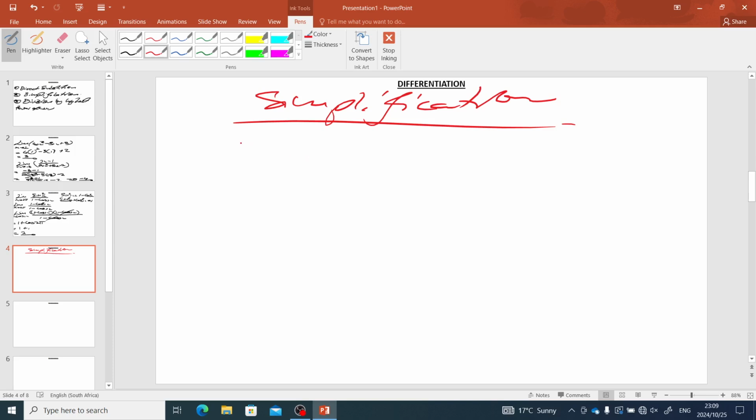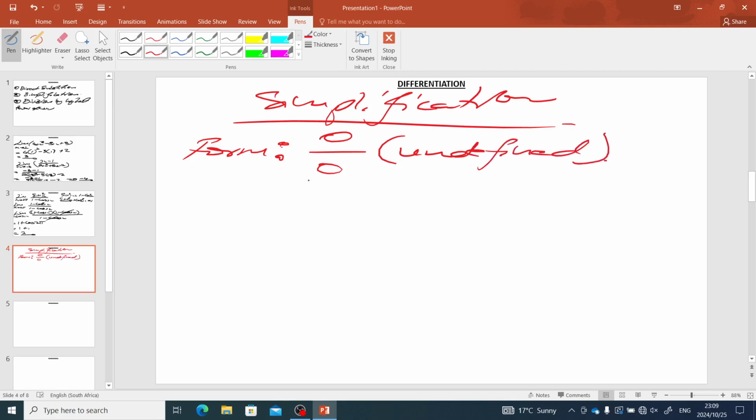So that when you get the form 0 divided by 0, we know that this is undefined. It means we then need to simplify our sum so that we can apply the direct substitution later on. But we first have to simplify, because this is undefined.